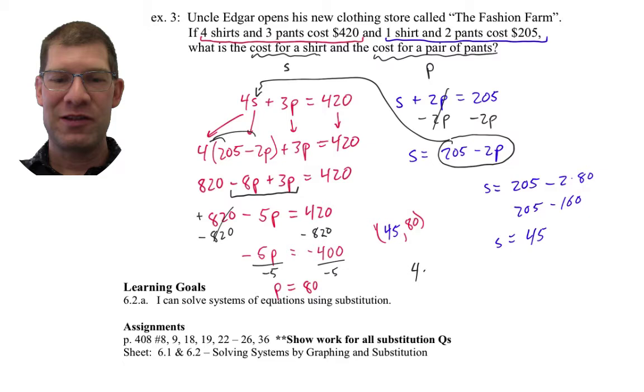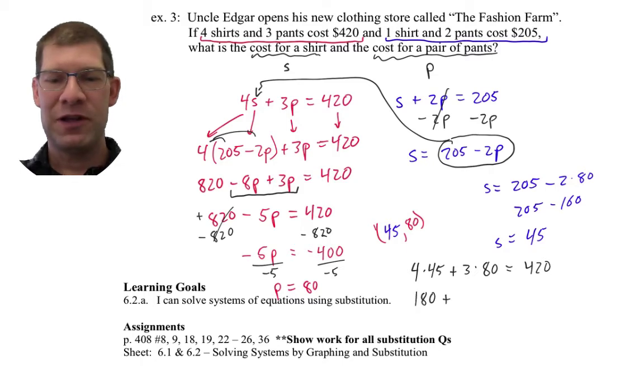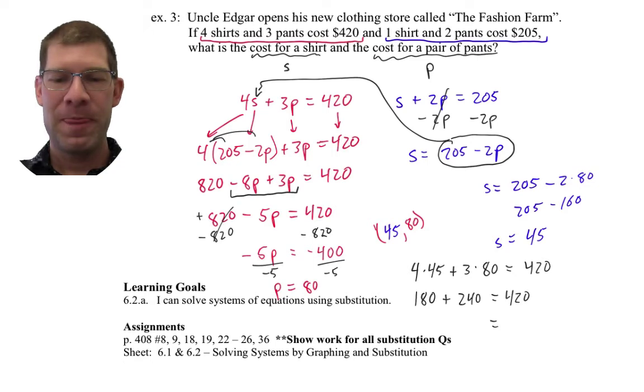So 4 times 45 plus 3 times p, which was 80, equals 420. So 4 times 45 would be twice 90, so 180, plus 240 equals 420. And then I have my equals 420 still. If I combine those two, I get 420.